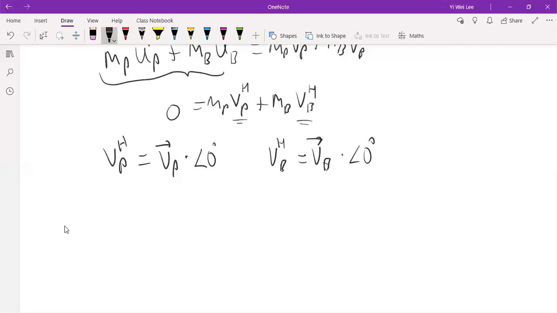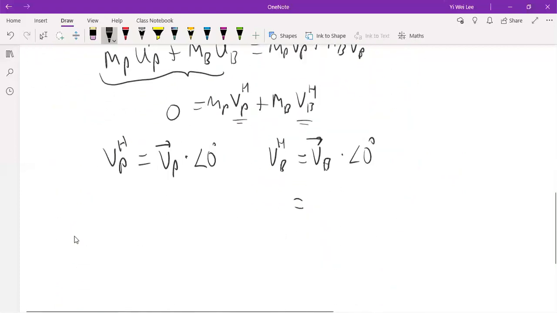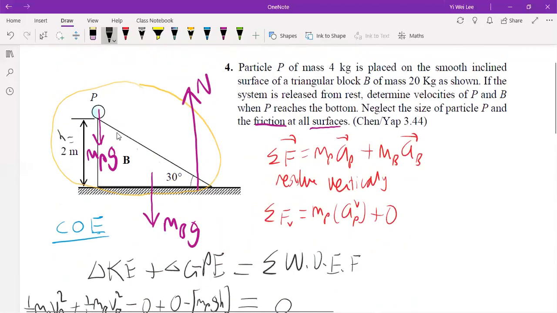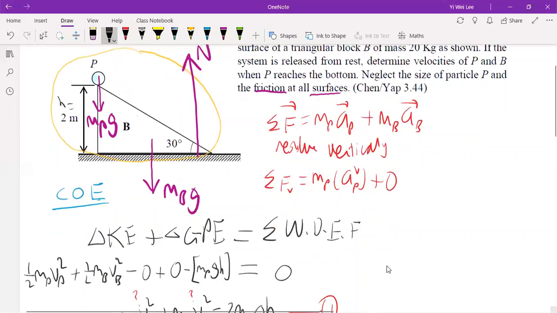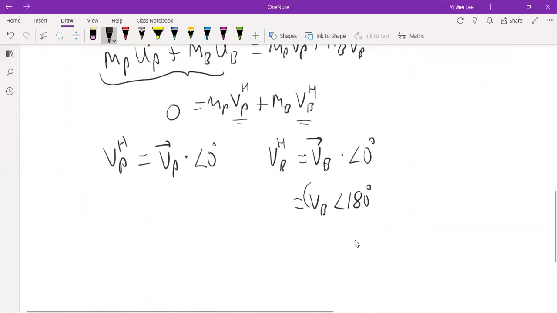Let's do it for this, much easier. We know Vb is going horizontally, and this Vb can be represented as a magnitude with a direction of 180 degrees, because assume Vb is moving back. So just do this: dot product with 0 degrees.